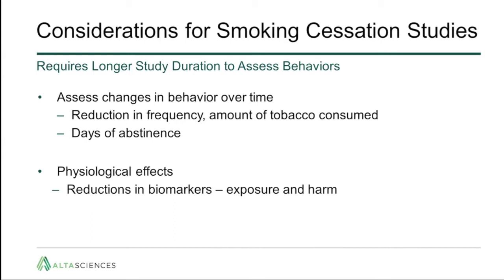So you want to look at reductions in the biomarkers of exposure and harm as an effect of reducing the amount of tobacco consumption. So these are studies that would require more in-depth analysis of the behavior of smoking cessation over time.